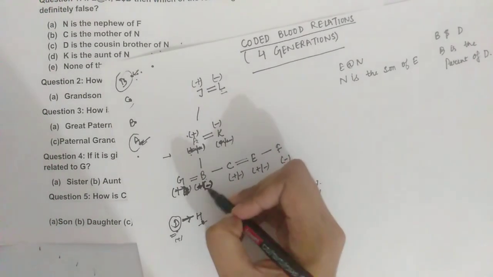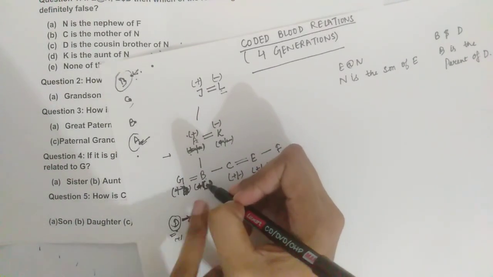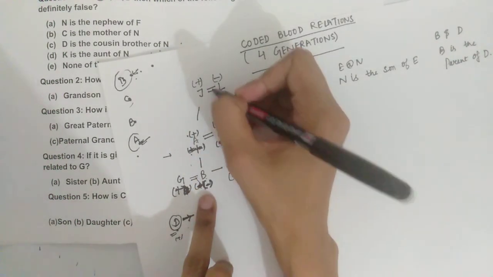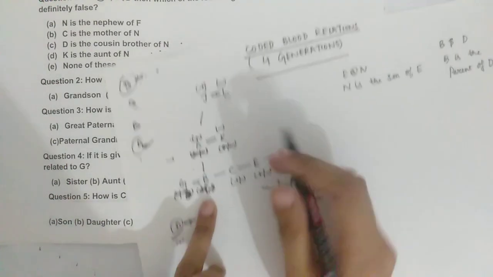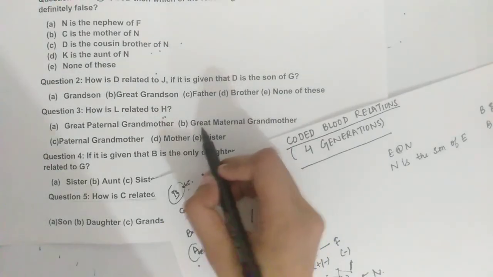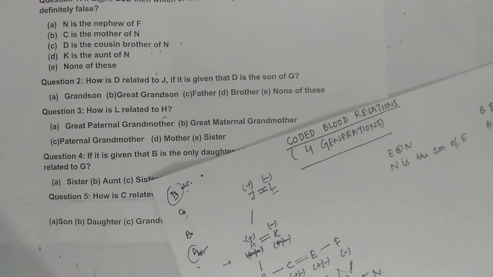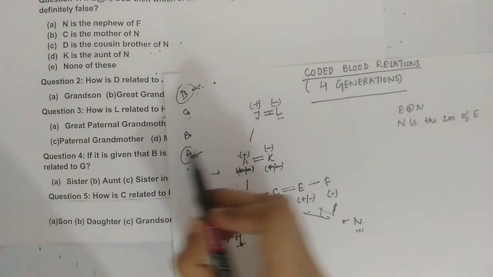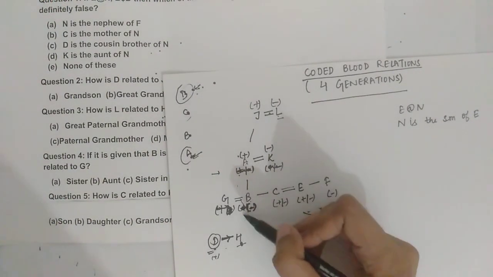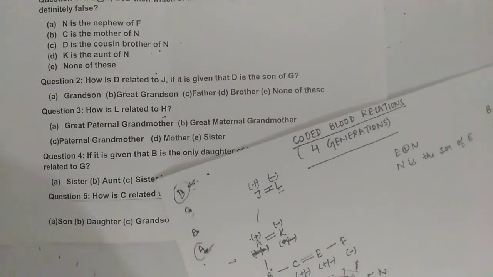B is these two's mother. Fine. So relation goes through the mother side, not from the father side. So the option is great maternal grandmother. Fine. Make it clear. If the relation is from your father's side, then option will be great paternal grandmother. If relation will be from your mother's side, then it will be great maternal grandmother.